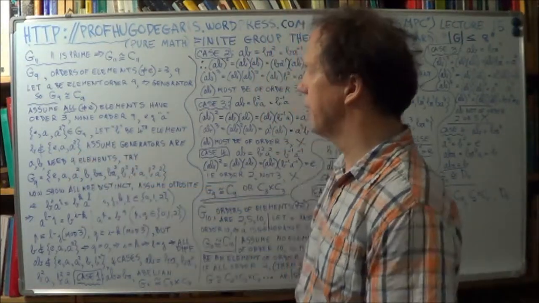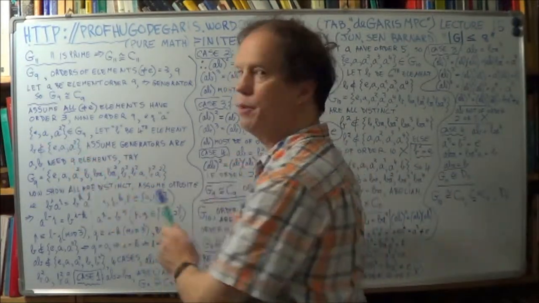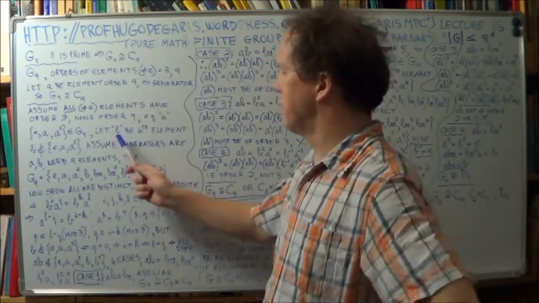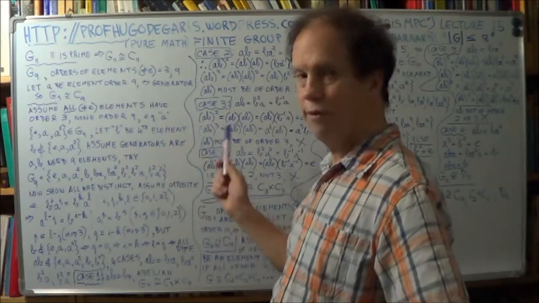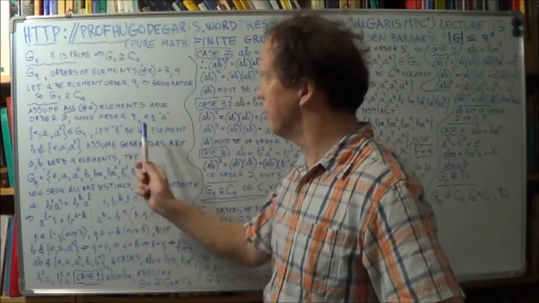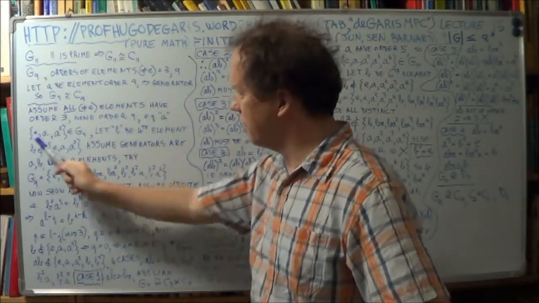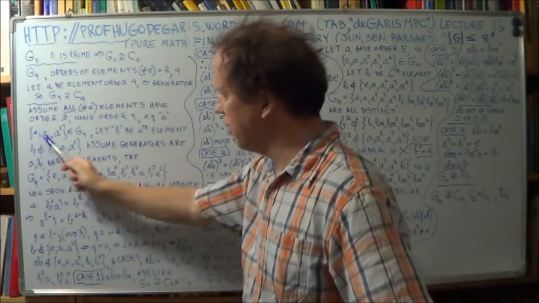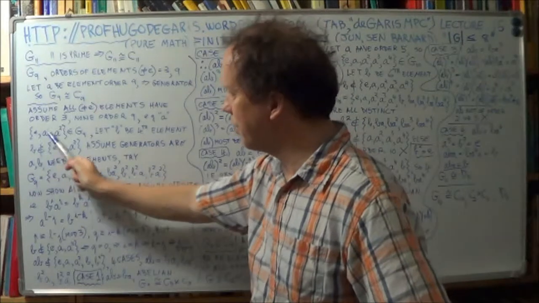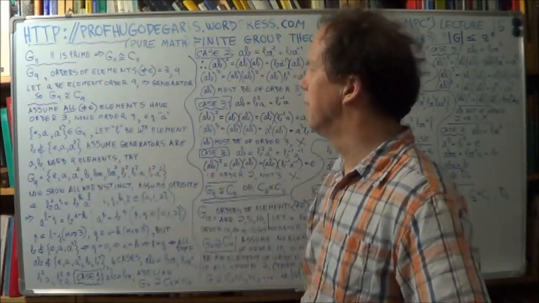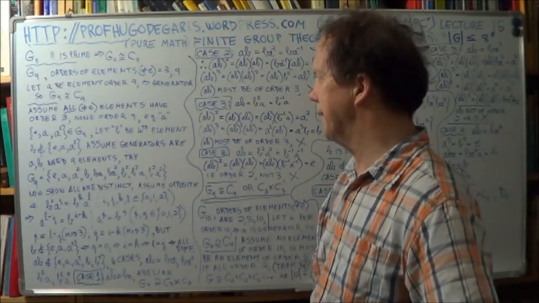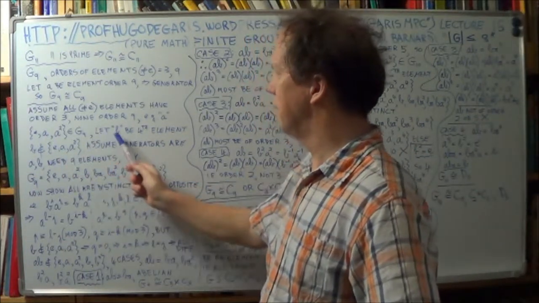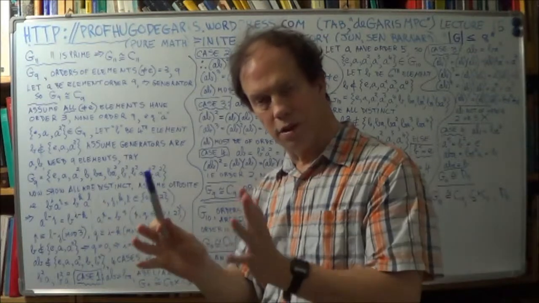So we've got 3 of the elements already. Now let B be a 4th element. So B is by definition distinct from these. B is not one of these 3. So assume it's distinct. Now assume also A and B are both generators. Let's just make that assumption.